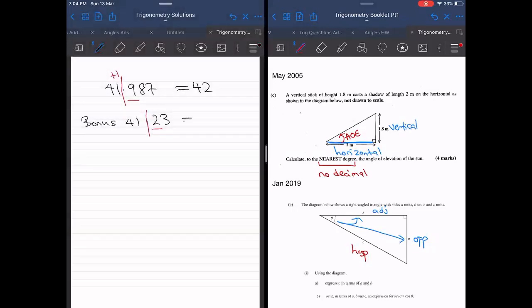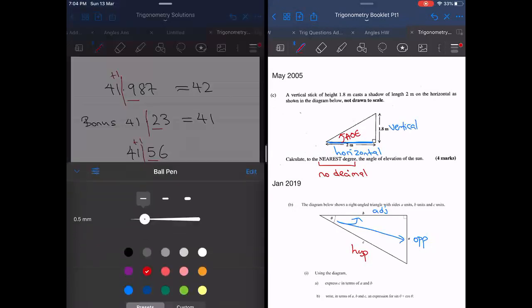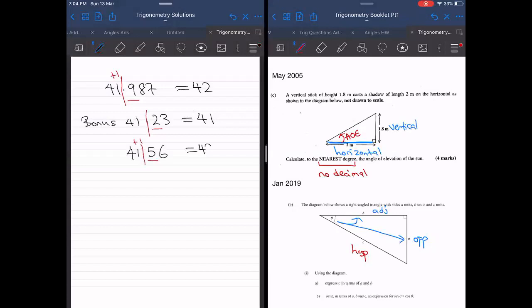It's not 5 or more, so it stays as 41. Suppose it's 41.5. I look to the right, it is 5. So if it's 5 or more, you add 1. So 5 or more, you round up.